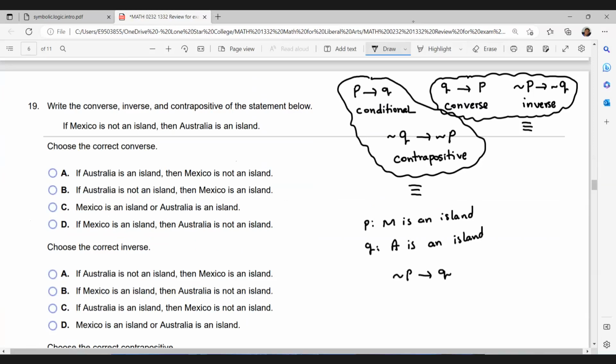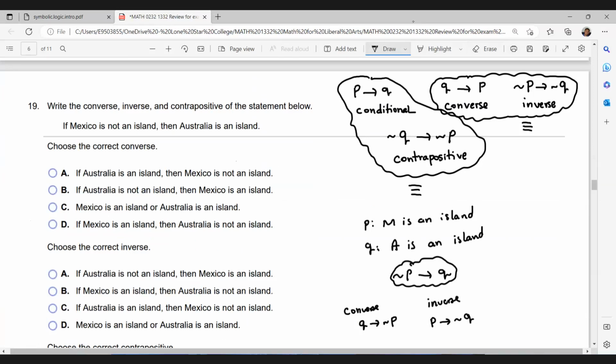The converse will be if Q, then not P. Again, this is what we're starting with, so this is what we're going to swap and negate. The inverse will be negating the beginning, negating the end.